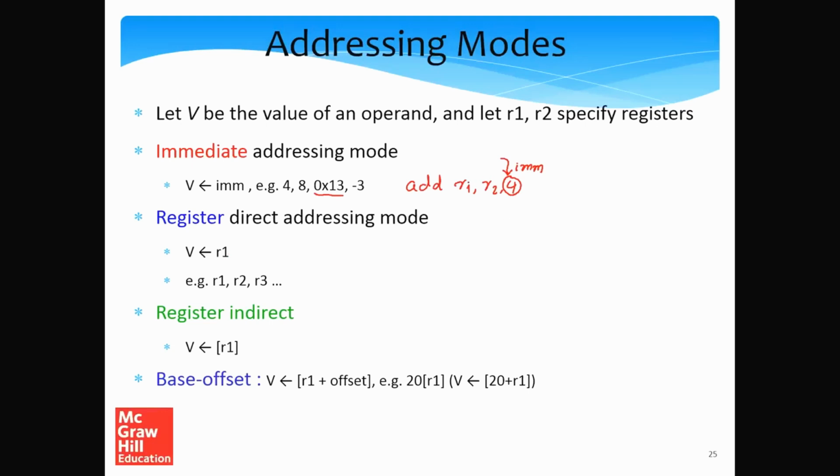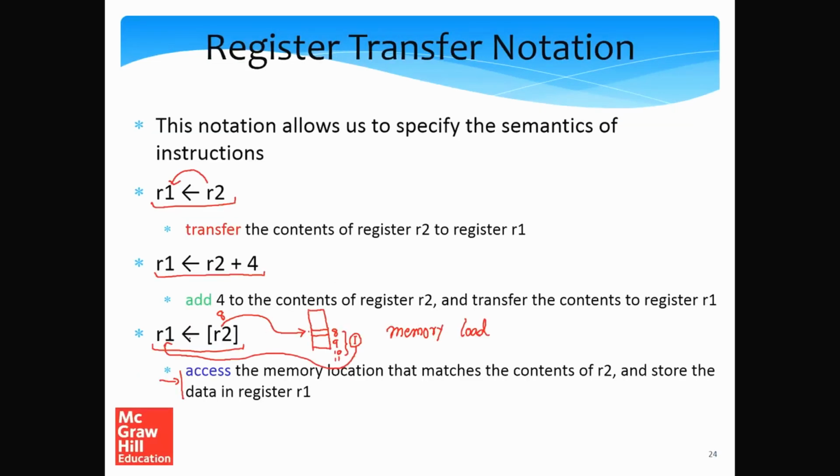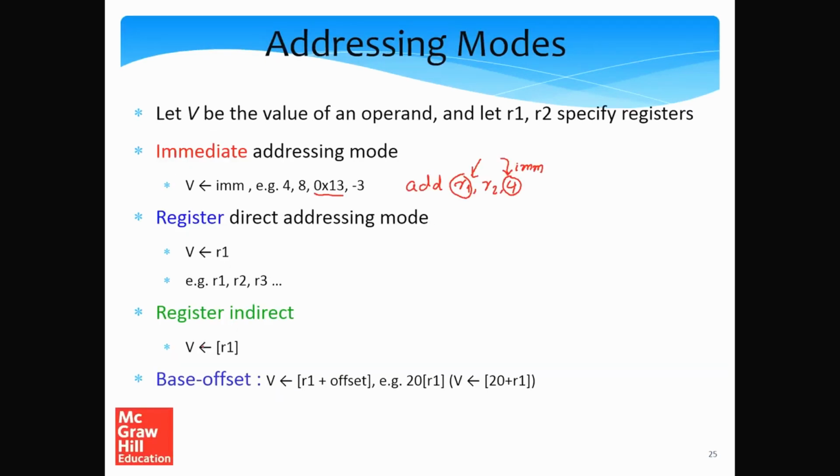In this case, R1 is using the register direct addressing mode. Similarly, we can use the register indirect addressing mode, something that we had seen in the previous slide. In some assembly languages, we can write an instruction of this type: add R2, R3, and R1.